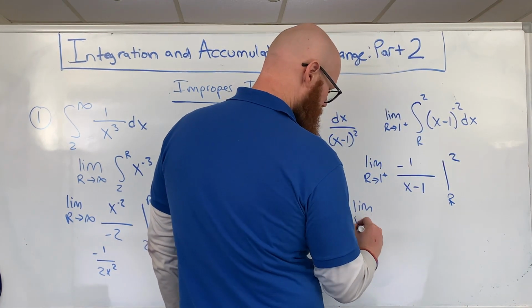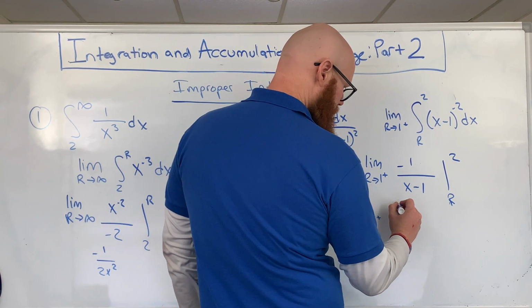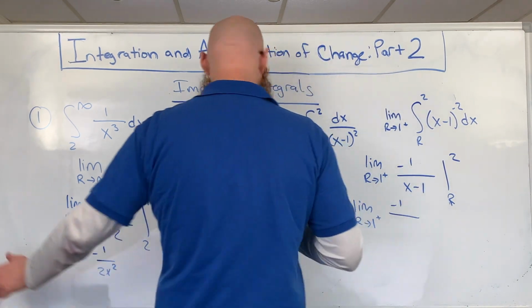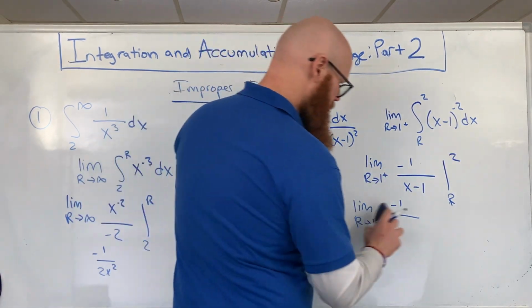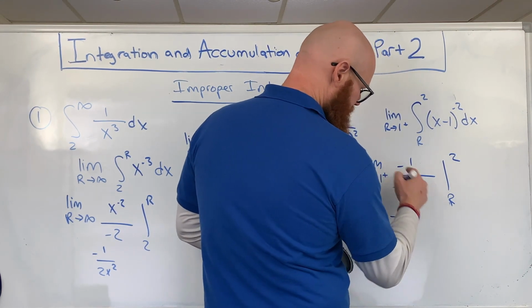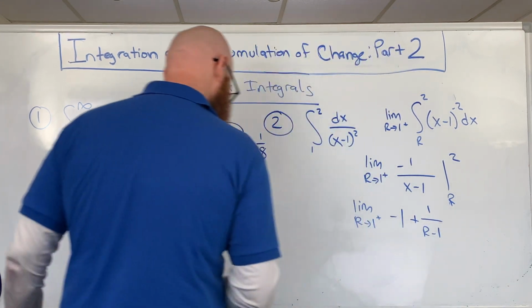So I'm going to do the limit as r goes to 1 from the right of negative 1 over, if I plug in 2 to this, I just get negative 1. Minus a negative is going to be plus 1 over r minus 1.